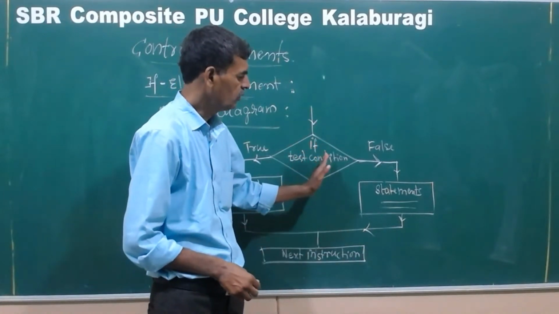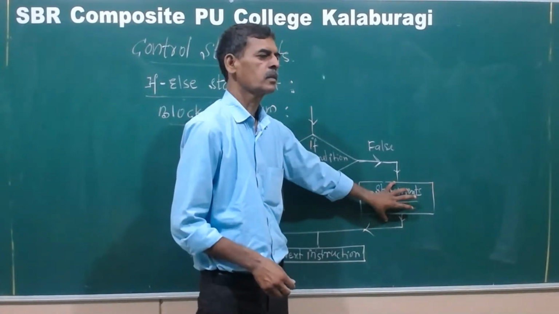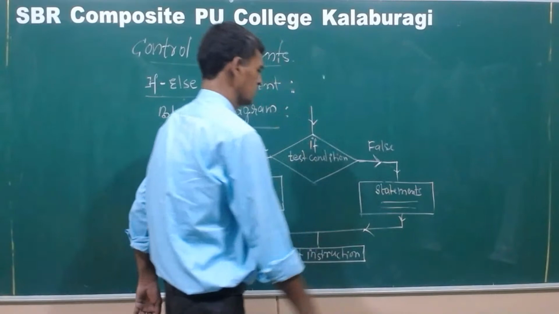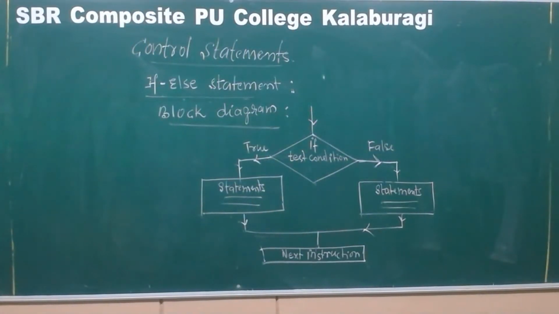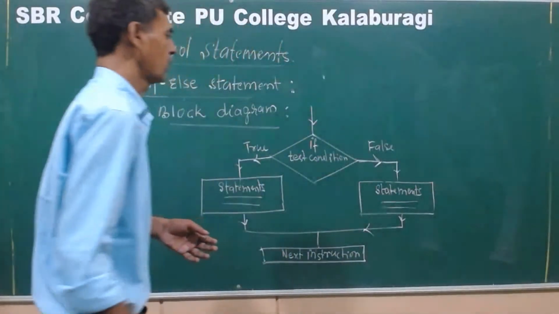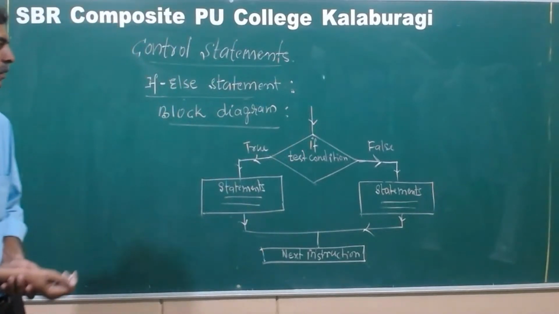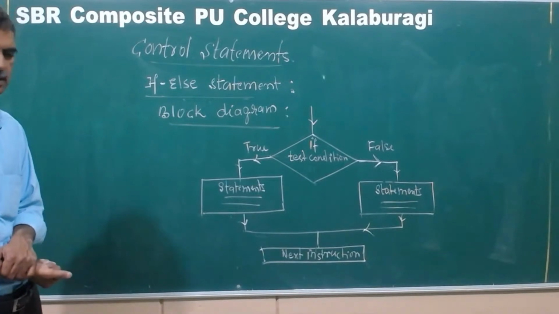Control is moving towards these statements, and statements in this block are executed and it goes to next stage. Okay? So this is if else statement. I think it's clear, right?